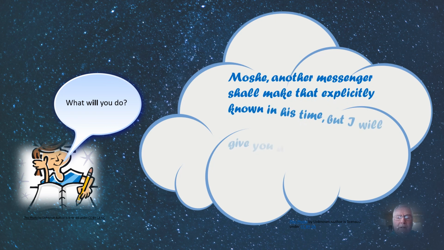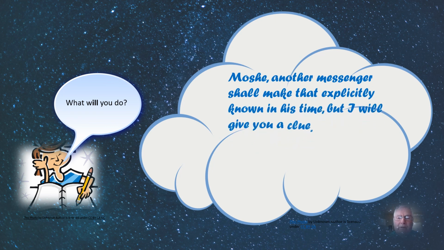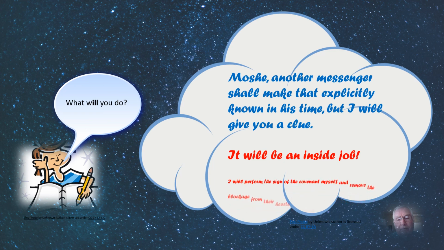Moshe, another messenger shall make that explicitly known in his time. But I will give you a clue. It will be an inside job. I will perform the sign of the covenant myself and remove the blockage from their hearts. Jeremiah 31:32.